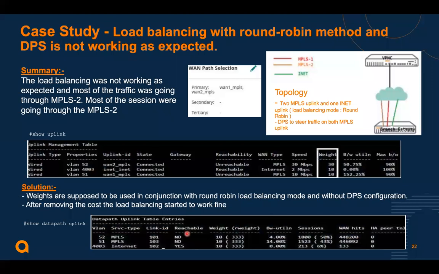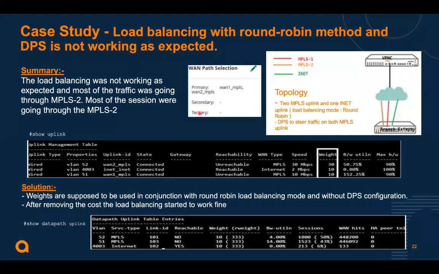So another case study on DPS, where we had load balancing with the round robin method enabled, and it wasn't working as expected. Ideally, as per the WAN path selection, once we have the set of rules and SLA, we primarily gave both the MPLS links, where load balancing was enabled, and that's why we see both on primary.